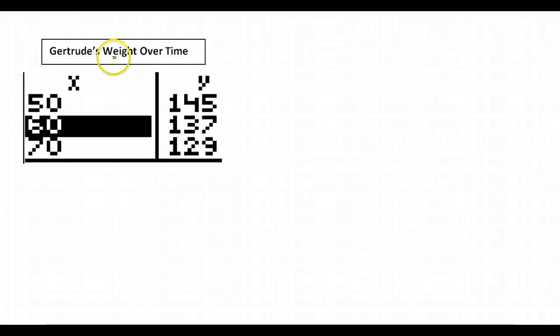Alright, so here's a small snapshot of Gertrude's weight over time. Take a good look at that. That's a small part of what was scrolling on the calculator. So I'm going to take another snapshot of Larry's weight over time.